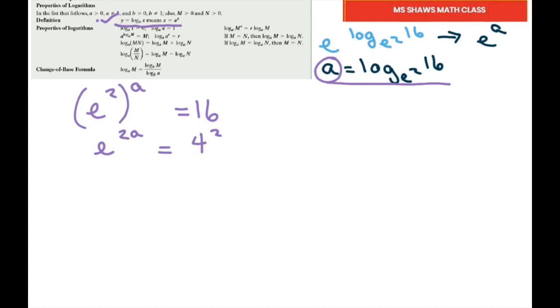Now to get rid of that 2, I'm going to power both sides, or take the square root of both sides. So we're just powering by 1/2, and you get e to the a equals 4. Now solve for a, so you take ln of both sides.